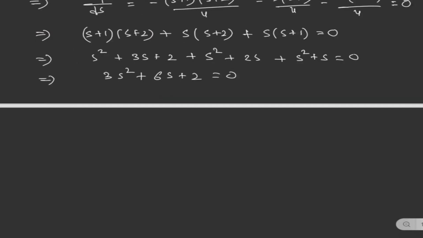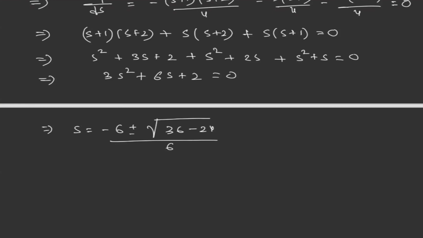Solving this quadratic, s = (-6 ± √(36-24))/6 = (-6 ± √12)/6 = -1 ± √3/3.